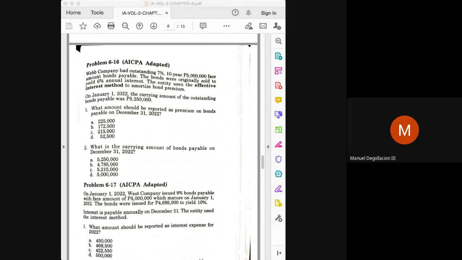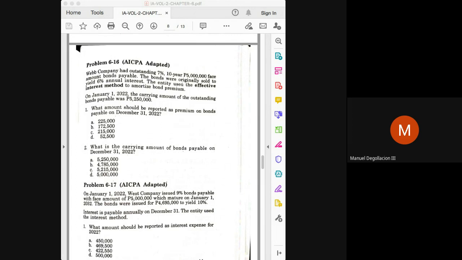And under the straight line method, the basis for your interest expense would be the fixed interest payment. And that's what we have computed earlier. The fixed interest payment was 350,000. If there would have been no adjustment to the 350,000 interest payment, then that would have been our interest expense.